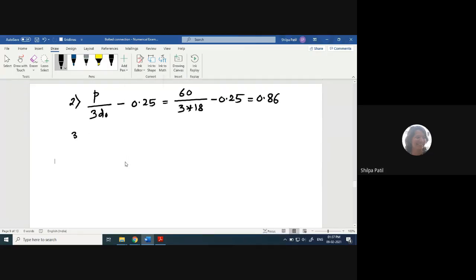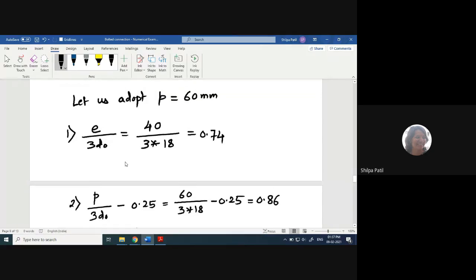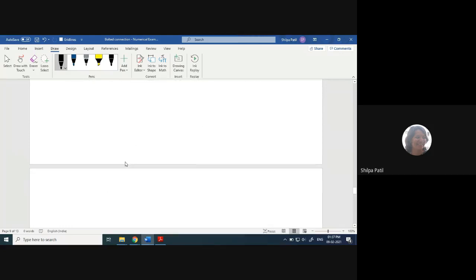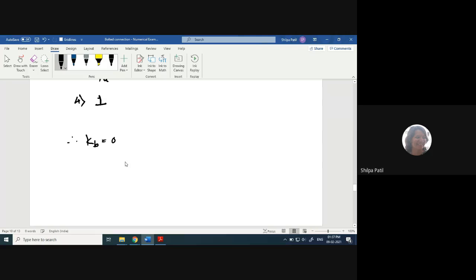Third case, fu b upon fu, correct? Yes, ma'am. 400 divided by 410 is 0.98, and the fourth value is 1. So out of these 4, the Kb value should be the smaller one. So Kb is 0.74.